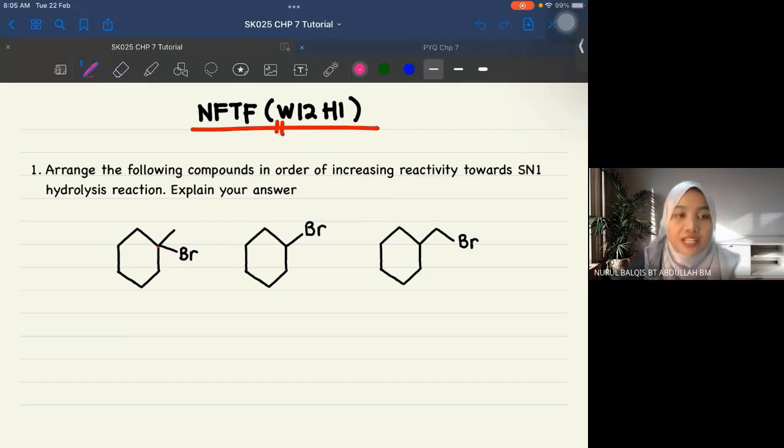Okay, first thing first, in order for you to determine whether they are going to perform SN1 or SN2, what kind of factors should you consider? Apa factors yang kita perlu tentukan when determining whether you're going to perform SN1 or SN2 mechanism?